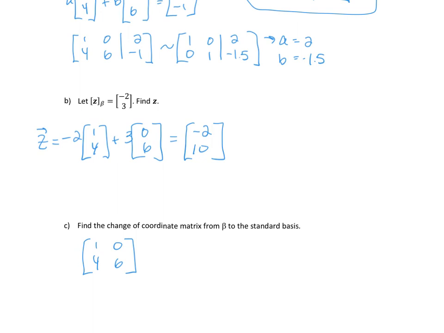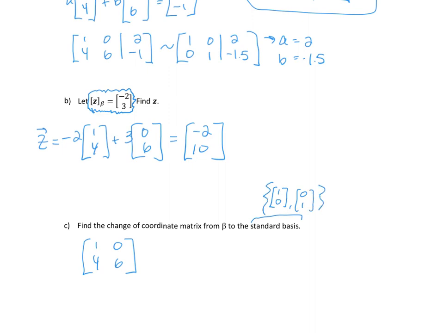The reason it's called the change of coordinate matrix is because if you're given coordinates with respect to the basis beta, like up here, and you would like them with respect to the standard basis, which remember in R2 is 1, 0, 0, 1. That's our standard basis in R2.